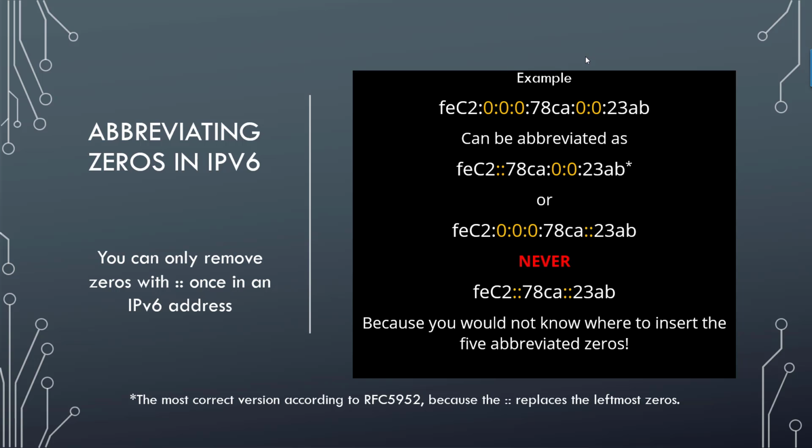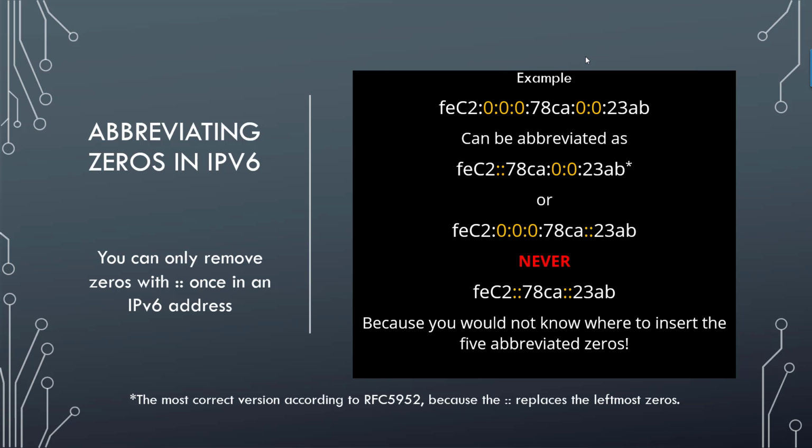All right. So here's an example of more abbreviation. I missed some of the capitalization here, so forgive me. But if we look at the example above, FEC2 with 0000, 78CA 0023 AB can be abbreviated by taking out the first 3 zeros and replacing those with a colon, or a double colon, I should say.